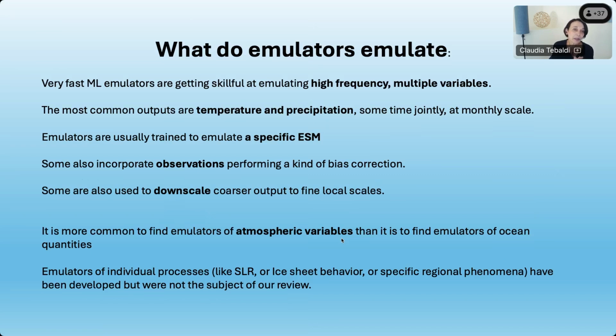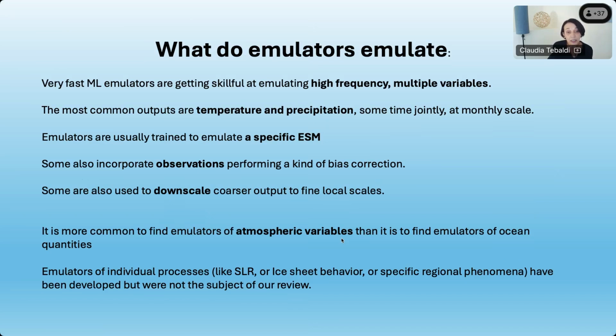We also make the point that usually emulators are trained to emulate a specific Earth system model, but lately we also see emulators that incorporate observations, that try to do bias correction of that model output, or are used to downscale the model output that usually comes at the 100-kilometer scale to much finer local scales.